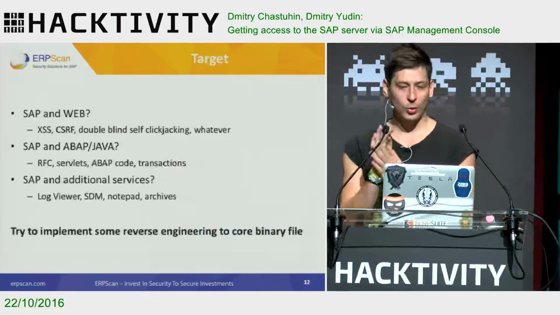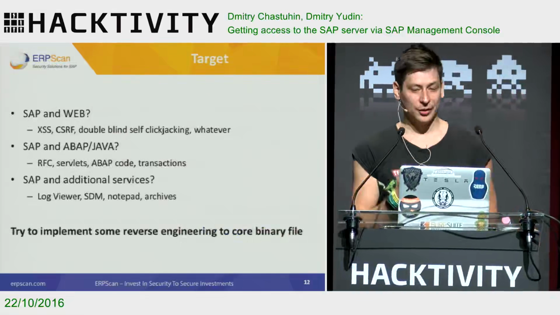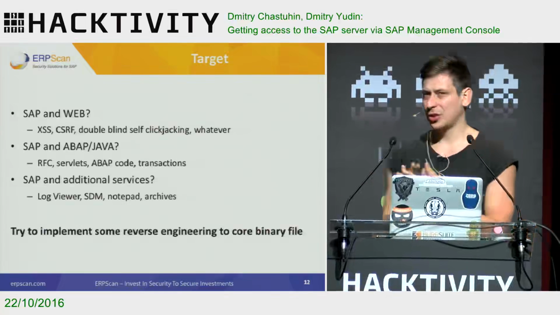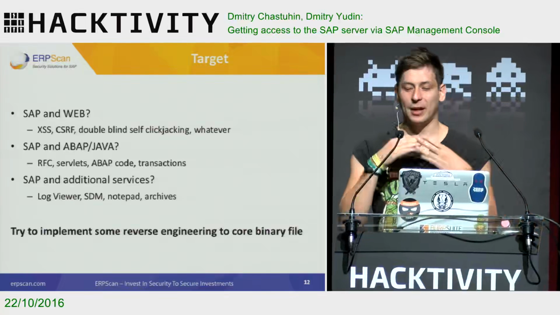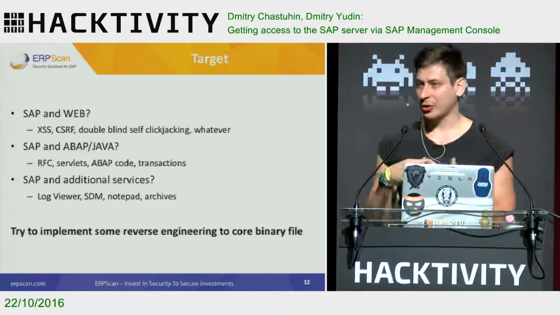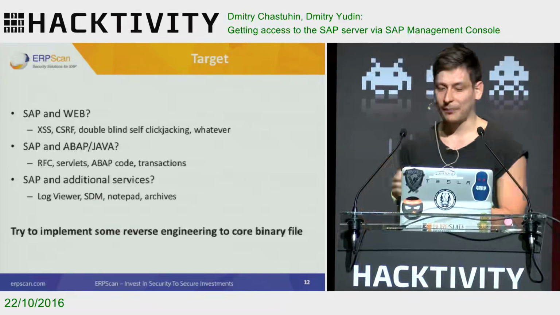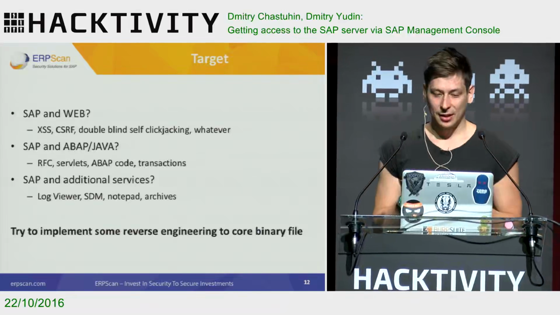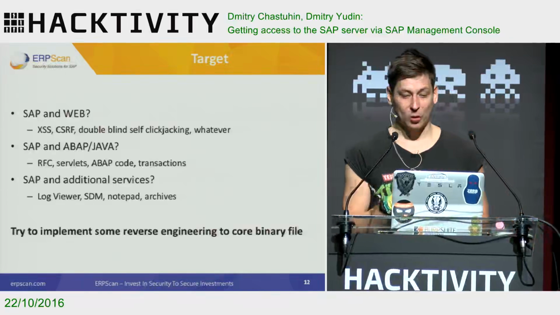Okay, what do we want? We want a critical vulnerability in SAP system. How can we get it? Actually, a lot of ways exist. We can try to attack via the web part of SAP, using typical web issues like cross-site scripting, CSRF, SQL injection, etc. Or we can use specific vulnerabilities in the ABAP or Java stack of SAP.